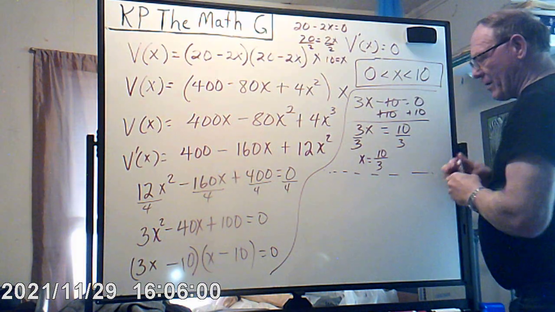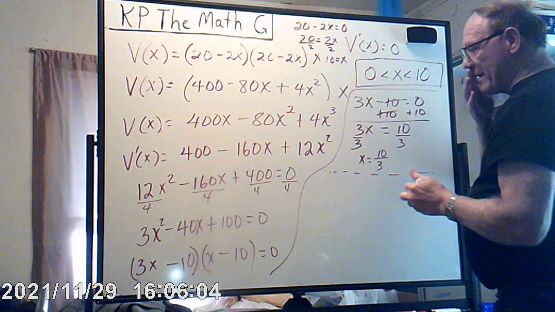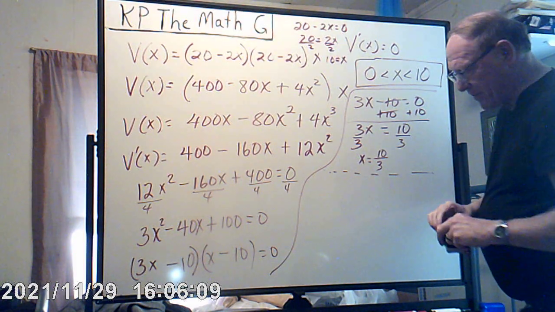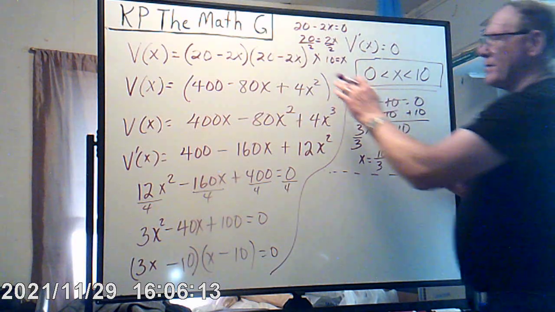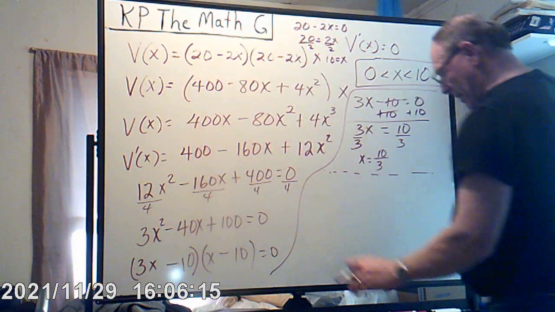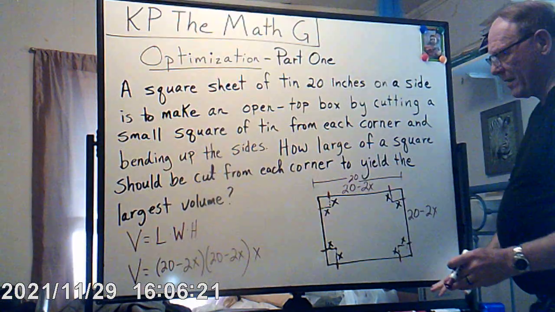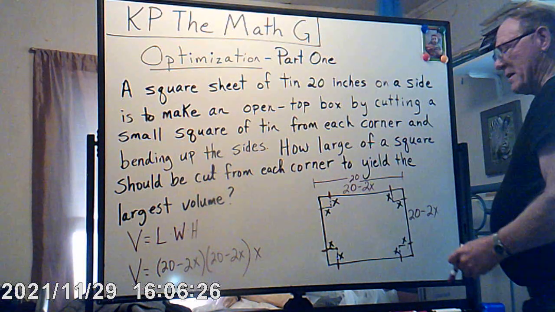Alright, so let's try it and see what, because we know that our original problem, if we back up just a little bit, I want to flip this back over. We had, oh, here it is right here. Well, let's look at that picture again. Okay, what were we looking for?